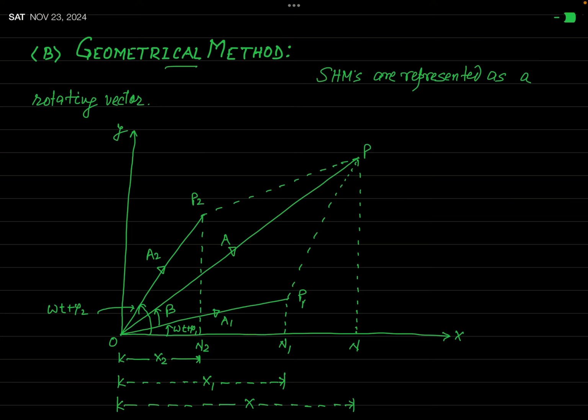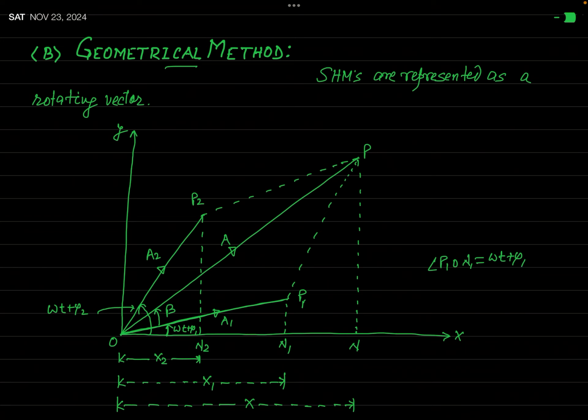In this figure, you can see that I have considered a vector OP1. This OP1 is a rotating vector of length A1, which is the amplitude of the first oscillation. And this vector makes an angle, omega t plus phi 1, or you can say angle P1 O N1 is equal to omega t plus phi 1.